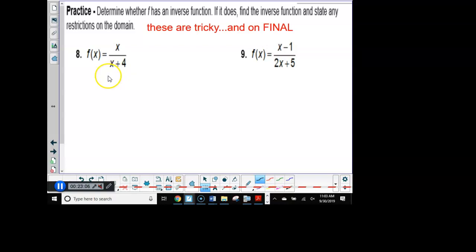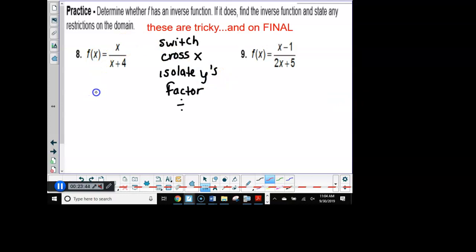The process for these, after you switch x and y, is to cross multiply, then isolate the y's on one side, and factor and divide. That's the lengthy process before we even get started. You might want to write that down somewhere, because when you get it wrong on the quiz, I'm going to say revisit worksheet 12.